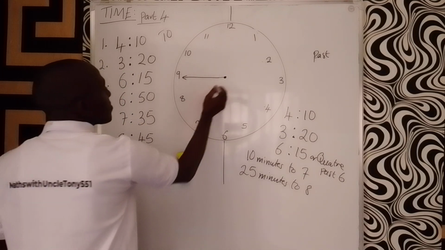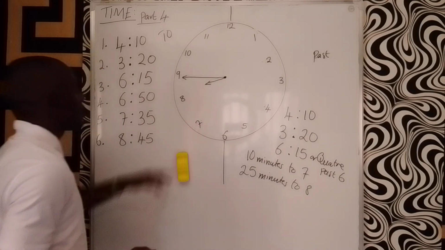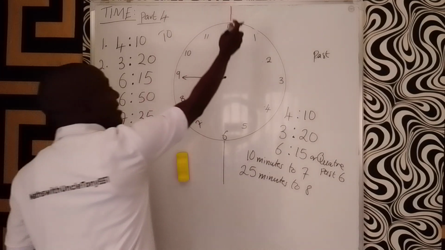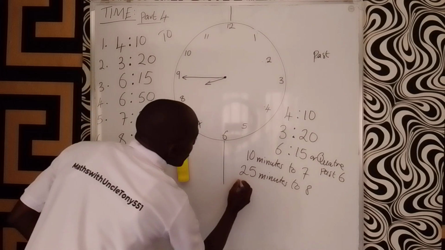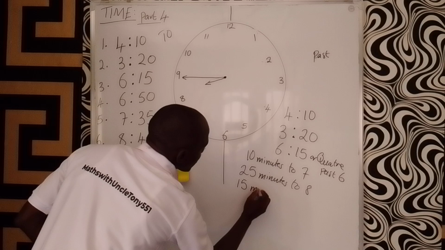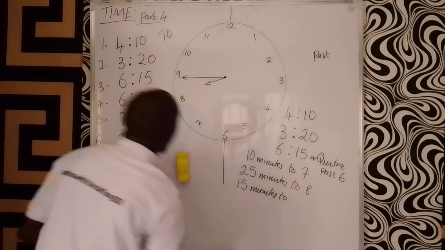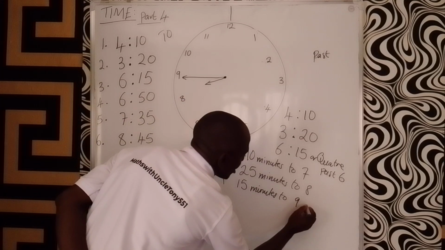Then the short hand has passed 8, it's almost towards 9. How do you tell the time? You count again: 5, 10, 15. You now say 15 minutes to 9.